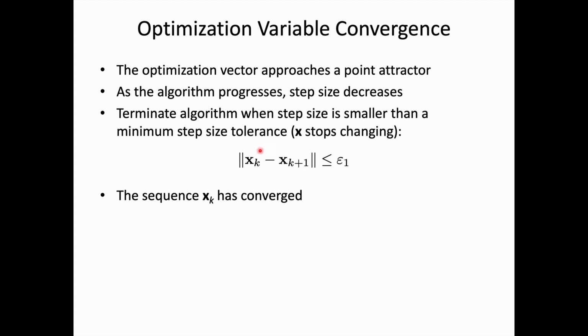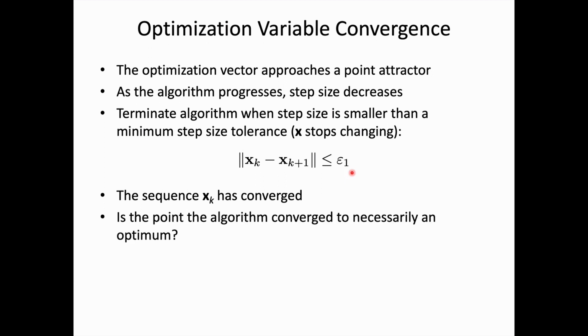We check this distance every time we take a new step, and we compare it against a tolerance. Here I'm calling that epsilon 1. As soon as this distance is less than or equal to epsilon 1, then we consider that our algorithm, or the sequence x_k, has converged, and we can terminate the algorithm, as long as no other termination conditions have been satisfied previously.